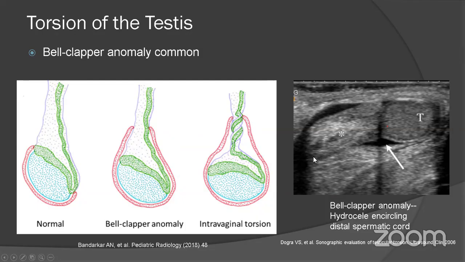And a bell clapper anomaly can be diagnosed if you see a small hydrocele. If you see a hydrocele that is encircling the distal spermatic cord, then you know that this patient has a bell clapper anomaly.